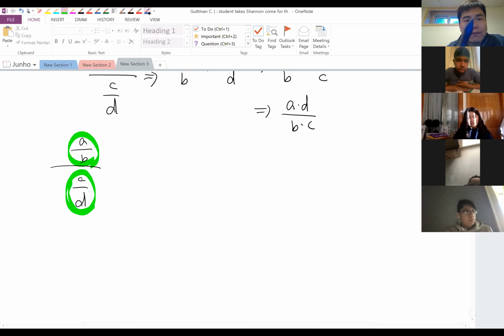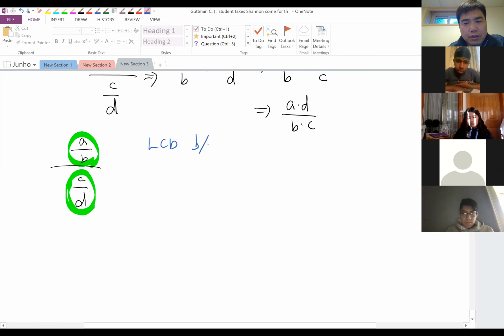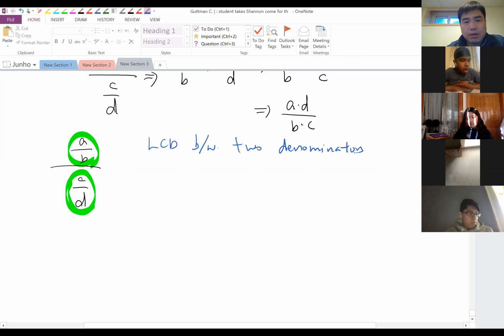Now you are looking for the LCD between the two denominators. In this case, B and D, so the LCD becomes B times D.